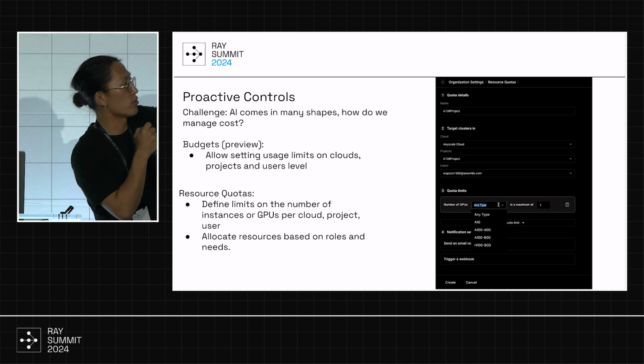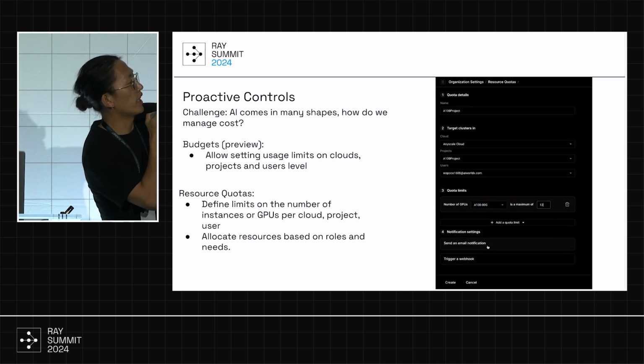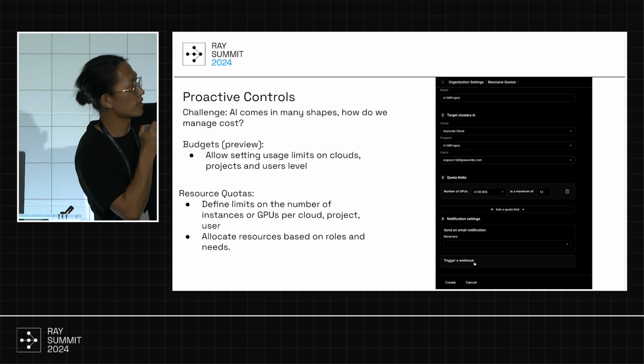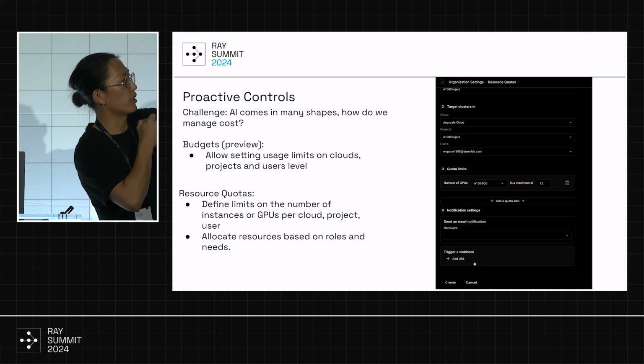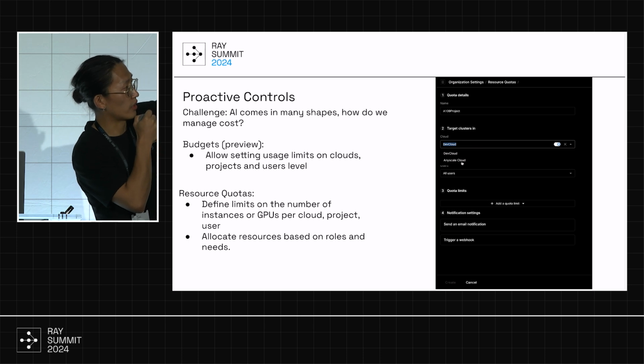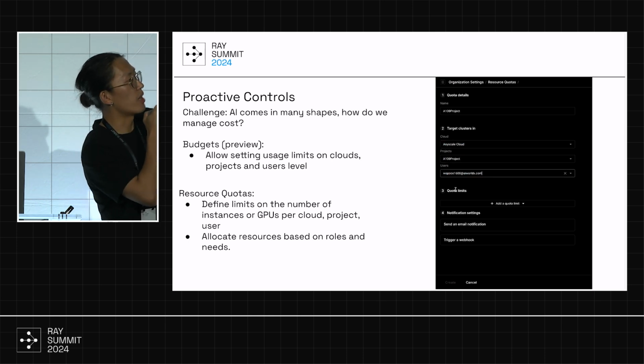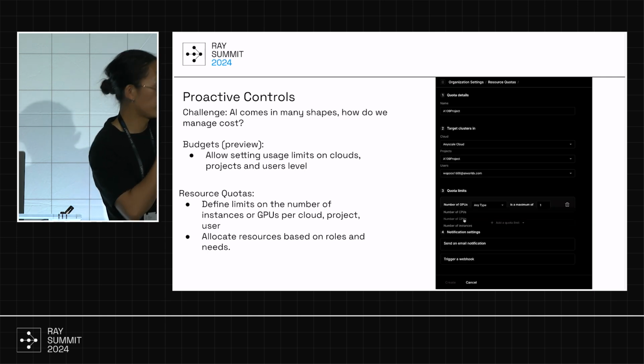So let's take a closer look at this UI as an example. Say you're building a project that uses a lot of A100s, and then you want to organize all the people working on the project inside a specific cloud, inside a specific project. And then you want to limit the number of A100s for every researcher to be 12.